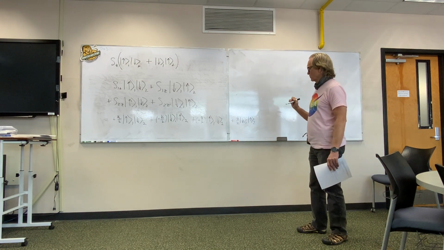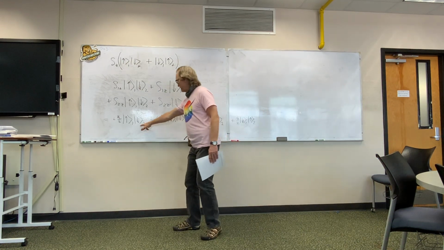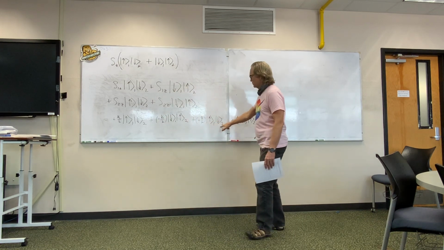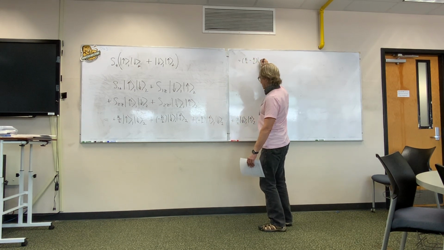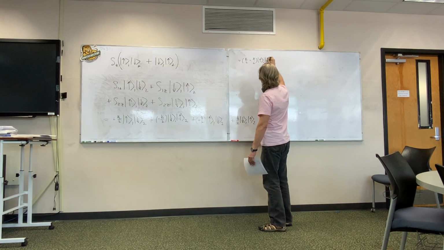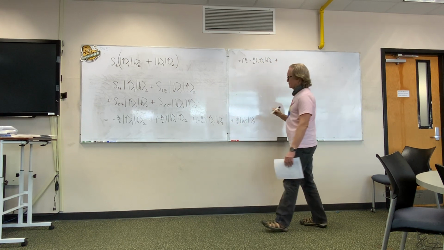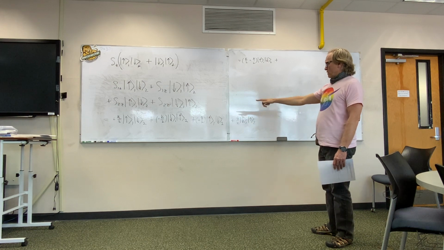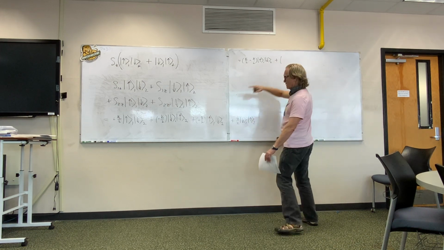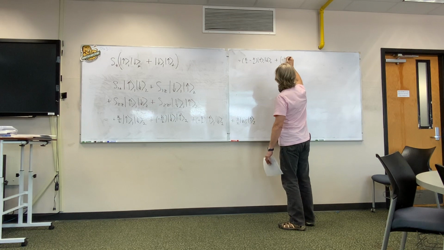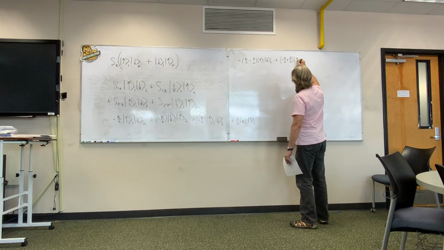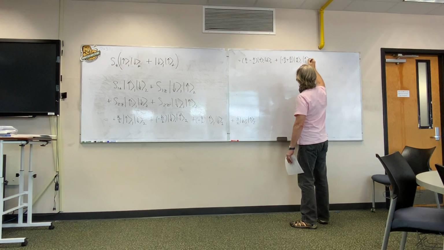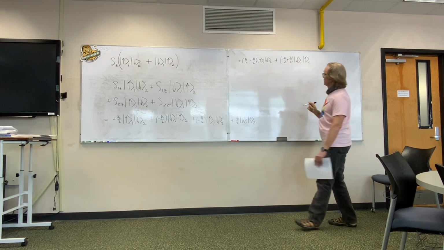So now let's group our terms. We have up 1, down 2, up 1, down 2. We can group those. So that's h bar over 2 minus h bar over 2 onto up 1, down 2 plus. There should be a down 1 and an up 2. Yes, there's a minus h bar over 2 plus h bar over 2 onto down 1, up 2. Did I do that right?